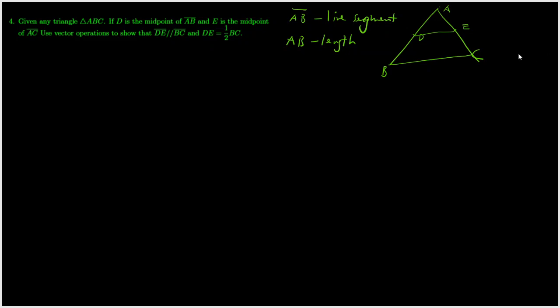I was trying to help you recall the term. Of course, we do not use geometry to do this. We are doing vectors. Now we are going to prove the conclusion, to prove the line segment DE is indeed parallel to line segment BC and half as long. We are going to use vectors to do that.